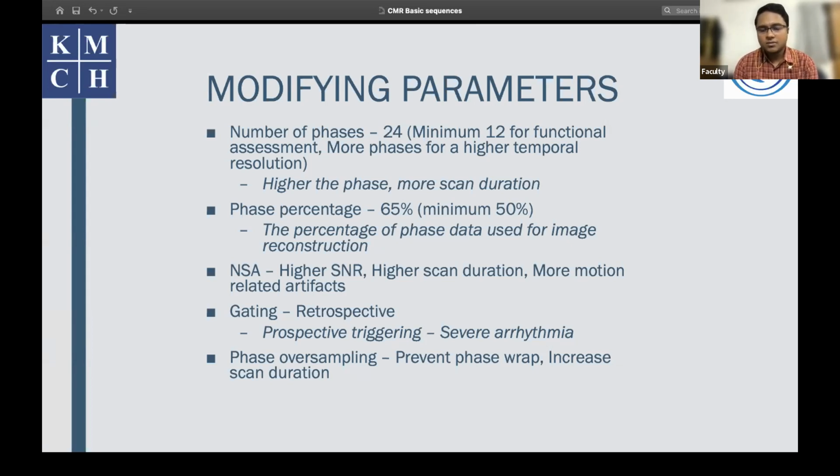Coming to gating, we always use retrospective gating for cine sequences. Prospective triggering can be used only in cases of severe arrhythmia. We'll talk about that later. And phase oversampling, which we have already talked about. This is done to prevent phase wrap, but it will also increase the scan duration.